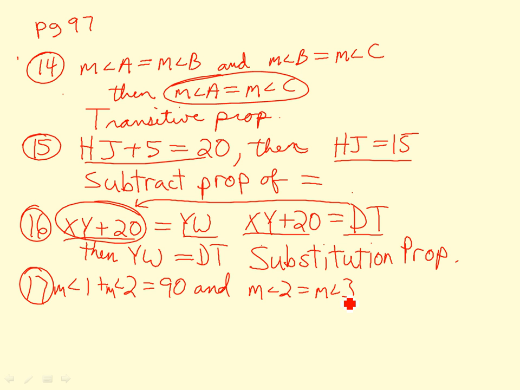If that's the case, if angle 2 equals angle 3, what could we do right here with angle 2? Take it out and stick what in there? Angle 3. And what did we use there? Substitution again.